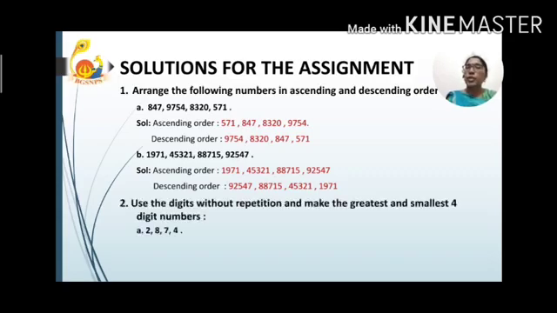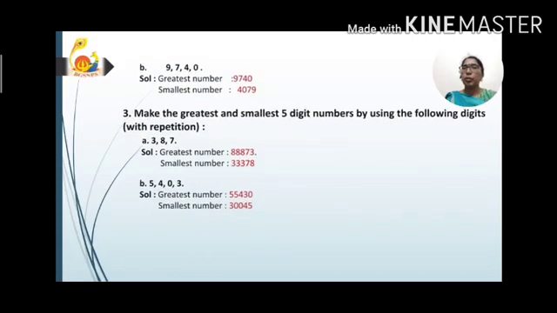Now next question: use the digits without repetition and make the greatest and the smallest 4-digit number. These are the digits I have given. Now, the greatest number, how will you form it? By writing in the descending order, and the smallest number you will form by writing in the ascending order. Okay, now let us see a few more problems.